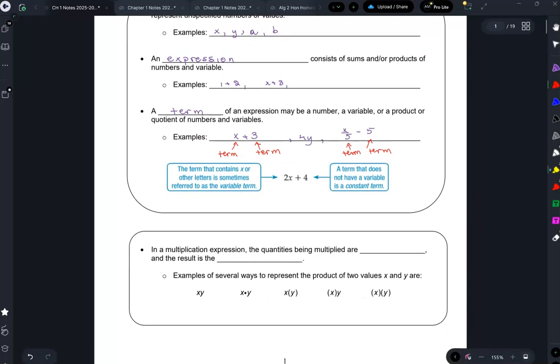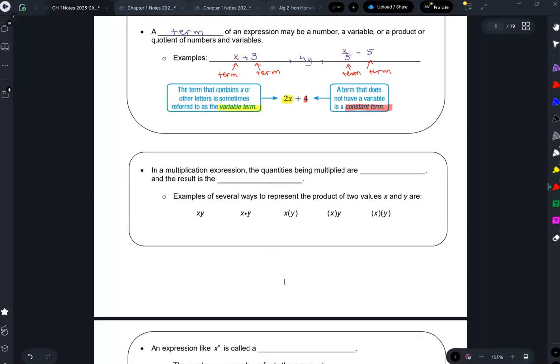The 2x has a number and a variable. This is a variable term. The 4 is just a number, no variables, but we don't call it a number term. We call it a constant term. Cool? Fabulous.